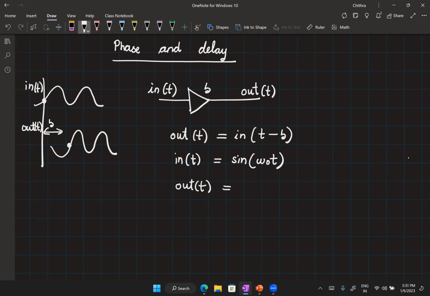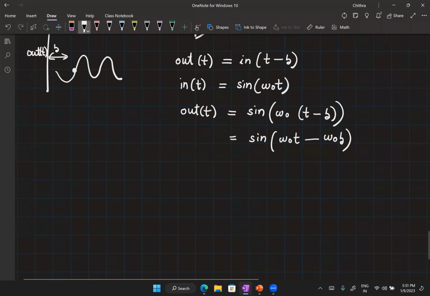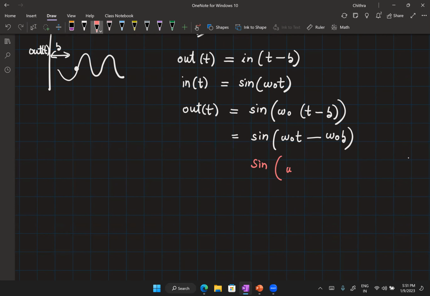My out of t is going to be sine of omega naught into t minus delta, right? So this is sine of omega naught t minus omega naught into delta. And this now I can compare with the expression we had earlier, sine of some frequency into time plus the initial phase offset. So this gives us that now the output signal has an initial phase of minus omega naught delta. This I can represent as minus 2 pi by t naught into delta.